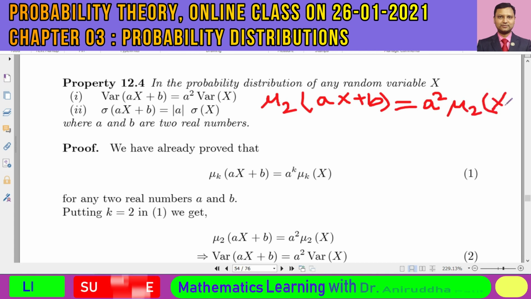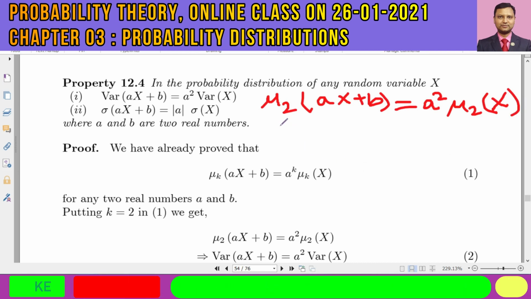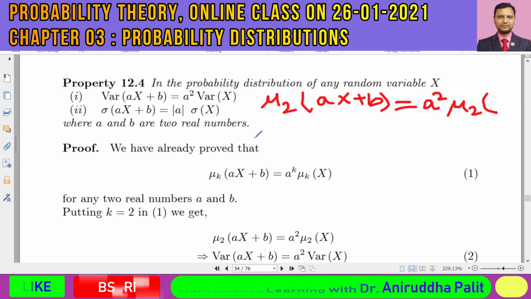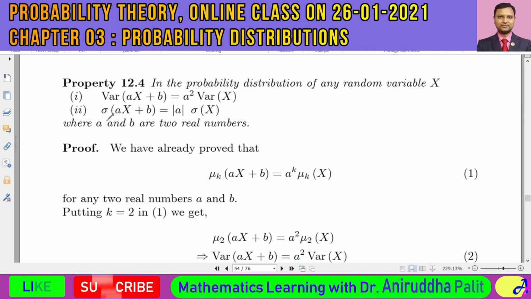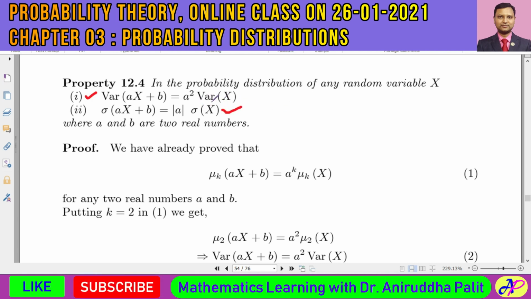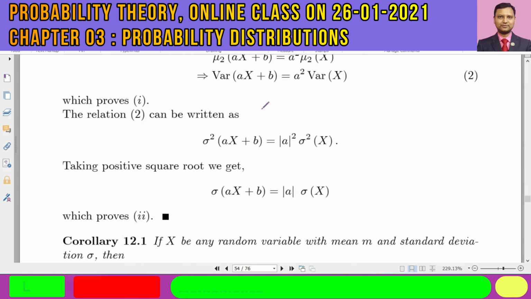I proved this result today as the first result, and from this result we can directly prove this result, so I'm skipping it. And if you consider the square root of this first result, you will get this second result. Variance means standard deviation, so taking the square root, you will get the standard deviation. Small sigma refers to the standard deviation. So I am skipping the proof of this result as well.